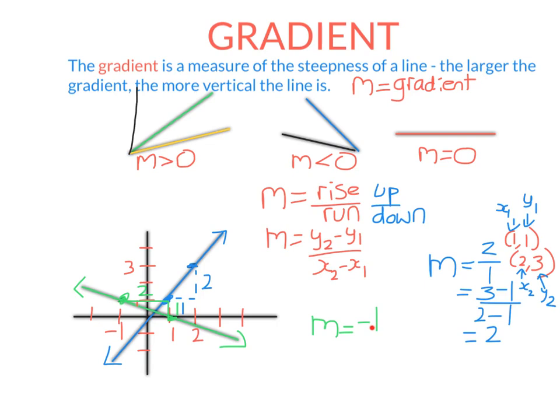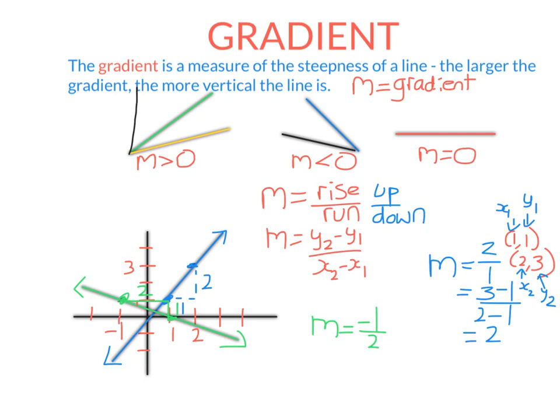So we put a negative on top because we went down, we didn't go up. You always go to the right. The gradient's positive if you go up. The gradient's negative if you go down. The rise here is negative because we've gone down. The run is always positive. We always go to the right. It's 2. The gradient is negative 1/2.